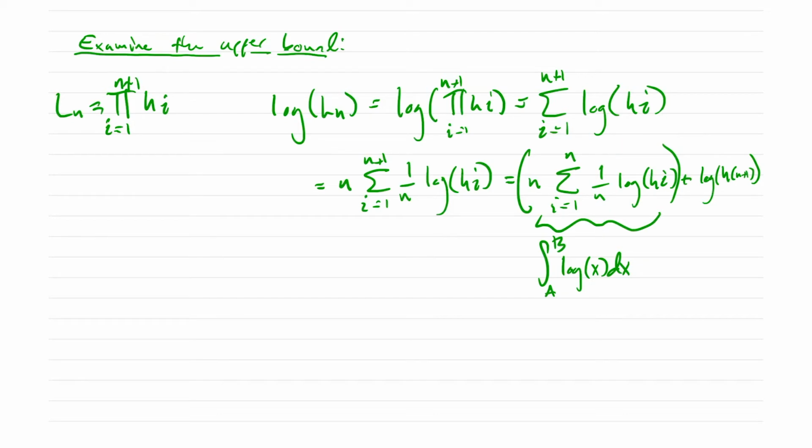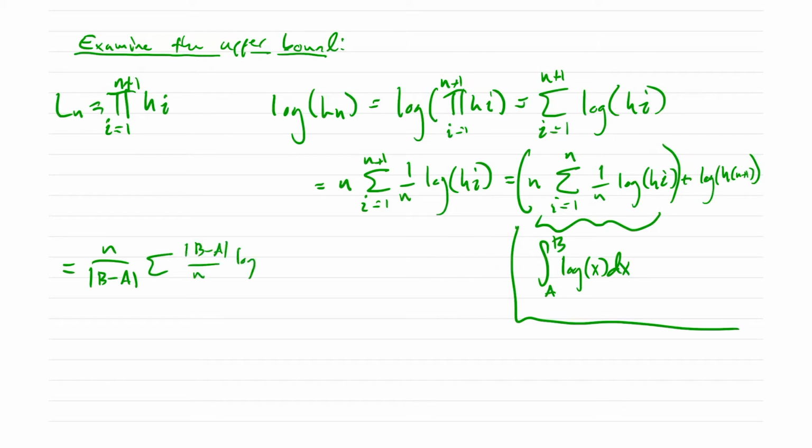So then we can go ahead and rewrite this. Put this off on the side. So this is equal to n over the absolute value of b minus a times the sum of, say, the absolute value of b minus a over n log of h_i, with i going from 1 to n.